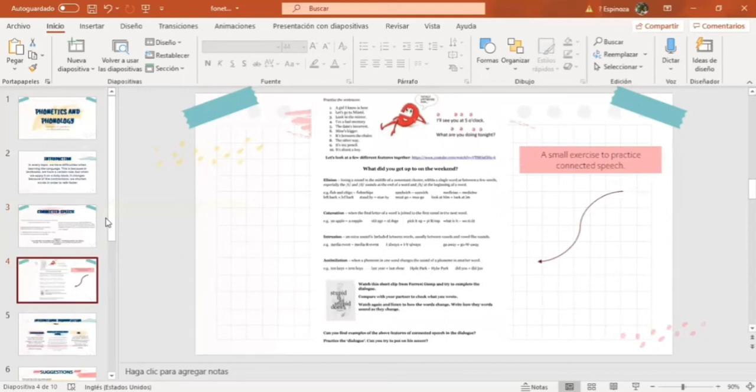This is just a simple exercise we could do for connected speech. And see, there are examples in every sentence. And here, practice the sentence. You could read it in order to listen to the pronunciation.